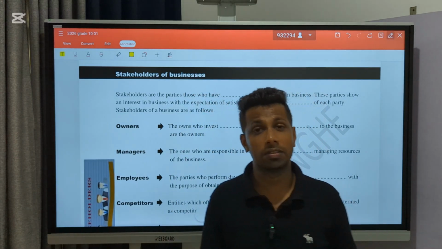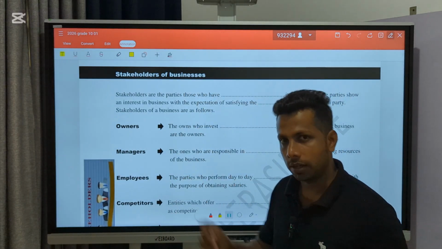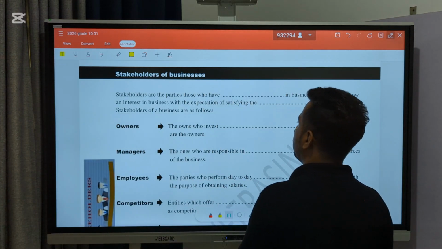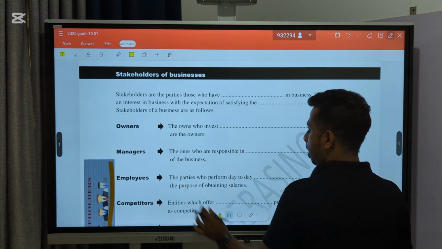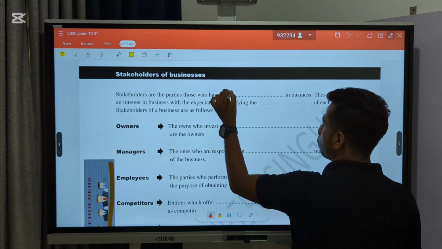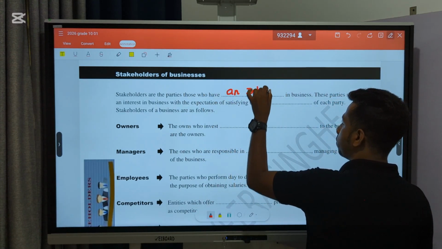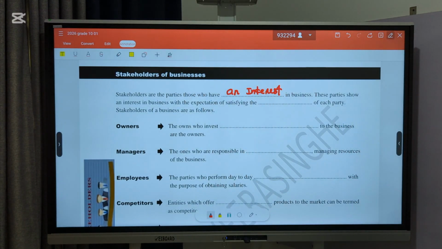So let's, my dear children, see a couple of examples. Before talking about examples, definitely we need to fill the blanks. Stakeholders are the parties, those who have an interest in businesses.